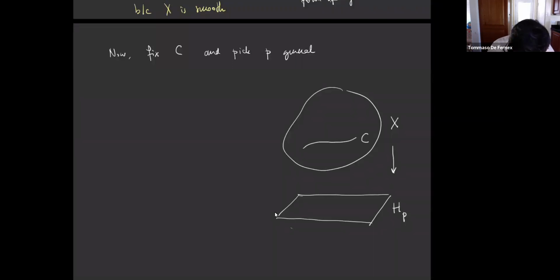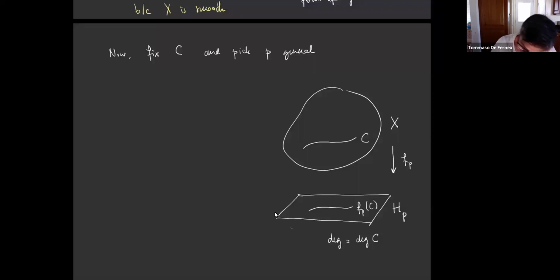So what I'm going to do is that this map is FP. I'm looking at FP of C. So this would be a curve. The map from C to this image will be a birational map. So this curve is still going to have degree equal to the degree of C. Degree of C is some number.